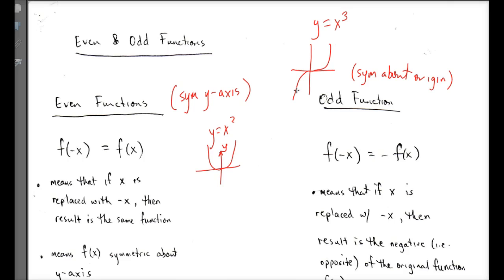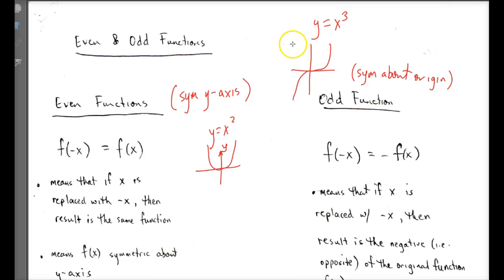Now, in order to get x cubed, let's say we just look at this right side of x cubed. It looks a little bit like x squared, not exactly the same, but it kind of looks like it. What we mean by symmetry about the origin is that we do a reflection about the y-axis, and then we also do one about the x-axis.